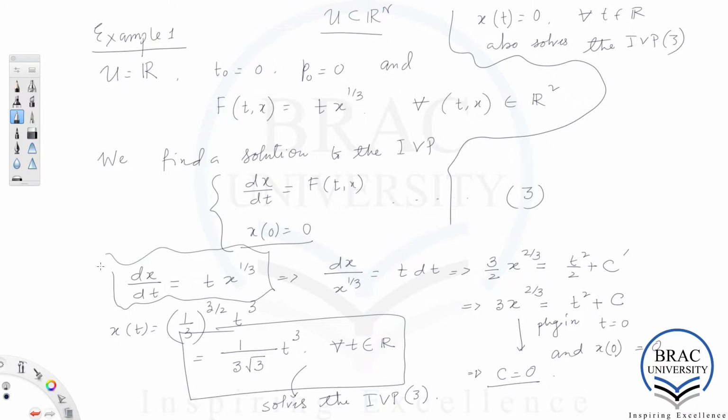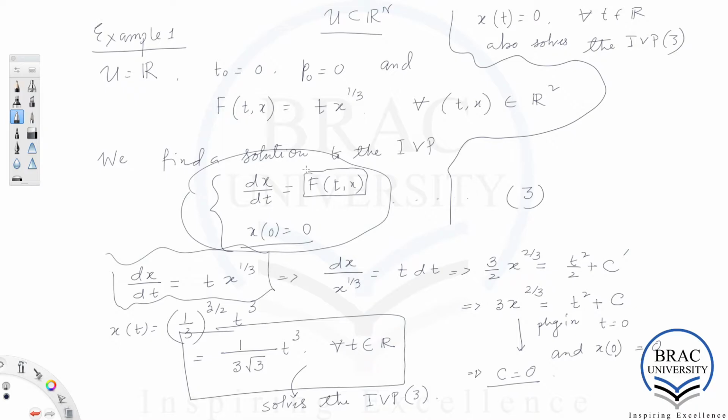So it means that the uniqueness of the solution to the IVP of this form is in general not guaranteed, even though the vector field is continuous in the neighborhood of our initial condition. This is important to know. So we'll discuss later under which condition the uniqueness of such initial value problems will be guaranteed.